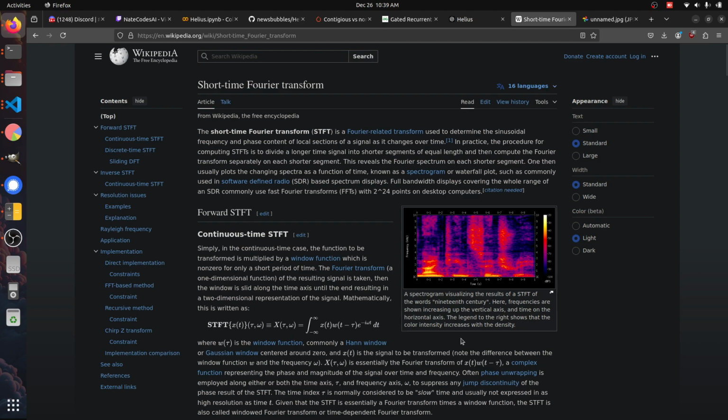The legend to the right shows that the color intensity increases with the density. So what we're doing is we're giving it a spectrogram. A Fourier-related transform used to determine the sinusoidal frequency and the phase content of local sections of a signal as it changes over time. So that's great.